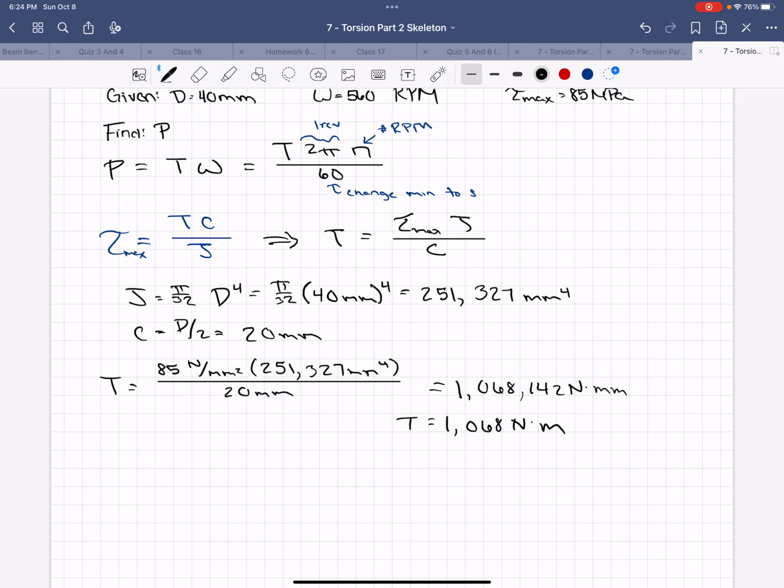So we have power equals, we're using this equation now.